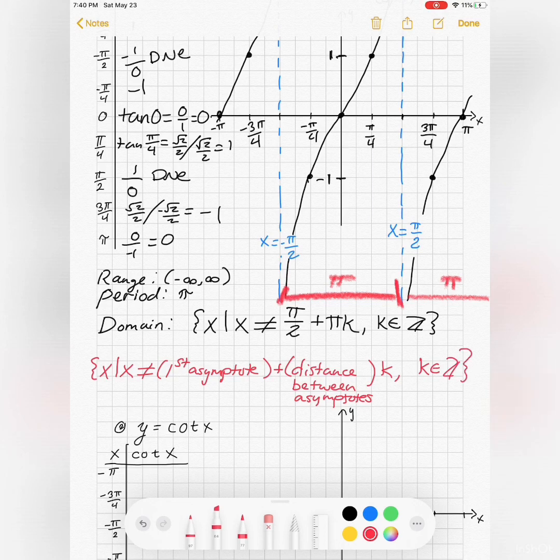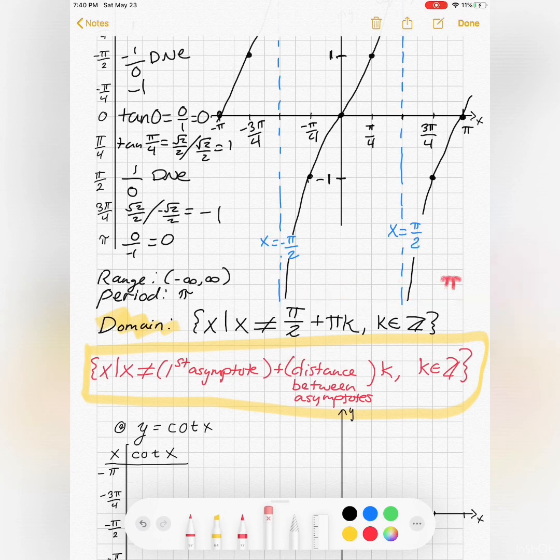Okay, so actually this template will work for all of the problems where I need to find the domain of any of these functions where I have the repeating asymptotes. Okay, so that's a useful one to know.